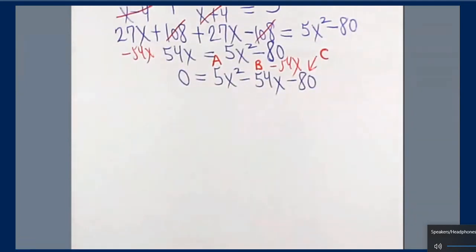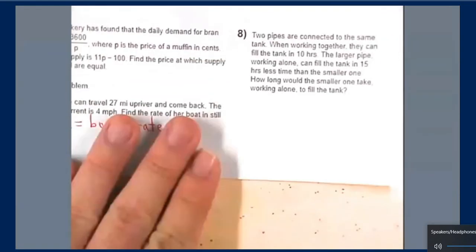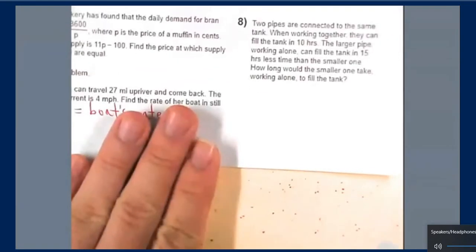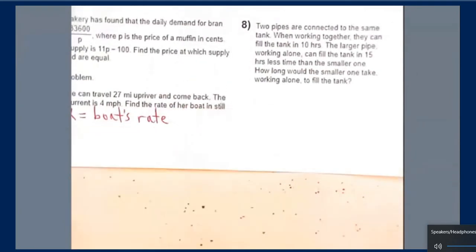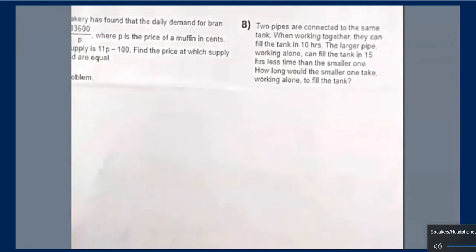Okay, the last example in lesson 28, before we do lesson 29, is a work problem. Work, W-O-R-K, I'm sorry. Two pipes are connected to the same tank.